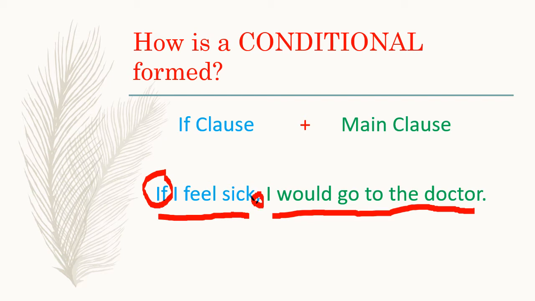Okay? So if I feel sick, comma, I would go to the doctor. That's how you write it. But if your main clause comes first and then your if clause comes second, no need for you to use a comma. So I would go to the doctor if I feel sick, but you don't see a comma there. All right? I hope you understood what I was trying to say.